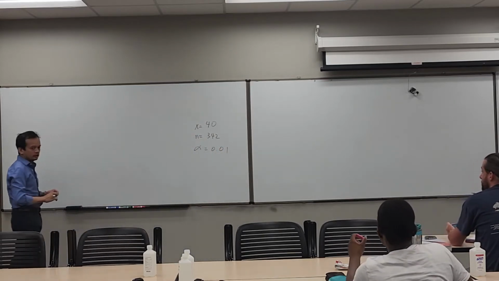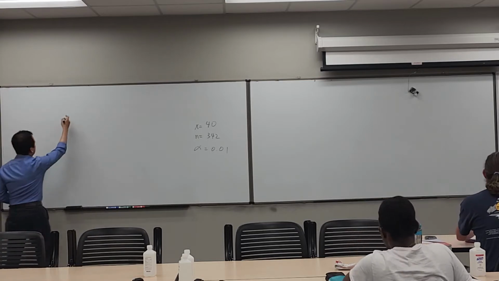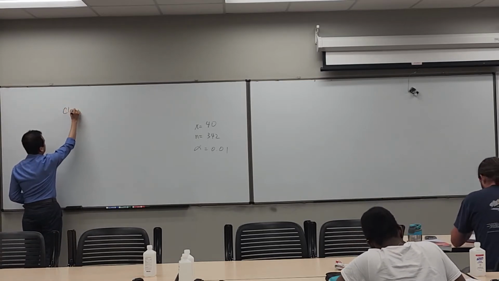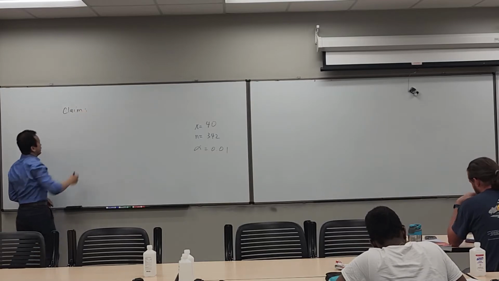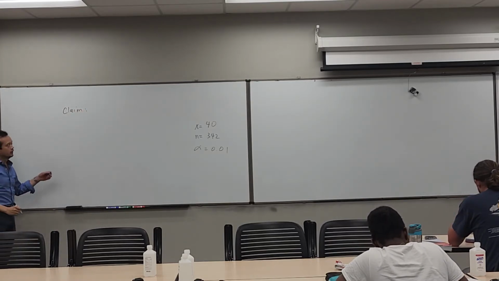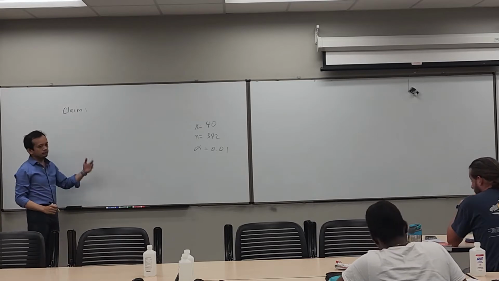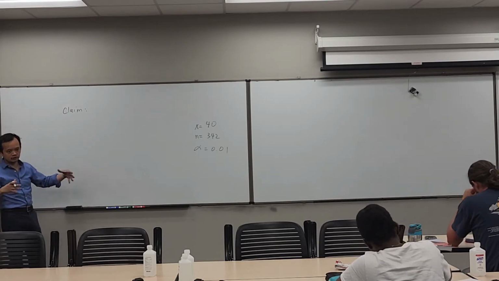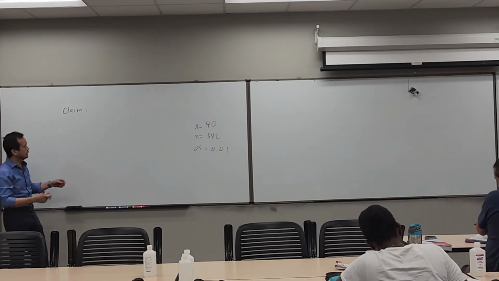Okay, good. So this is a great review question. So we're going to review hypothesis testing, where you always start out with a claim or idea about the population. So this claim has to do with the rate of inaccurate orders for the entire restaurant. So the entire restaurant is your population.